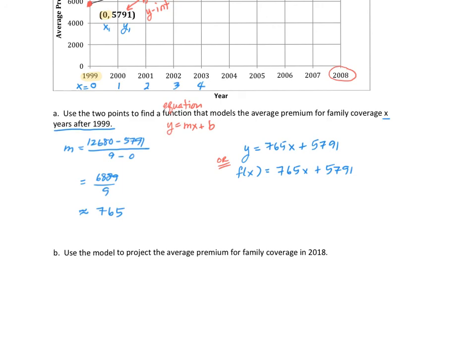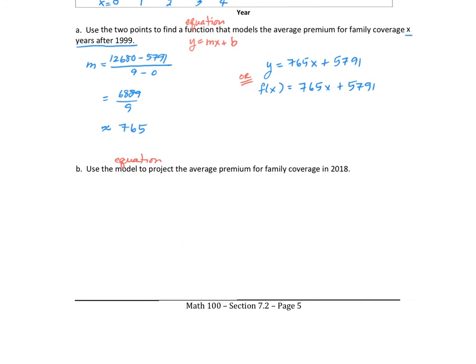In part B, it says use the model. Now, when it says use the model, it's just saying use the equation to project the average premium for family coverage in the year 2018. Okay, so you got to be careful here. I'll just use y equals 765x plus 5791. Remember, the y value is the cost. That's what we're trying to find.